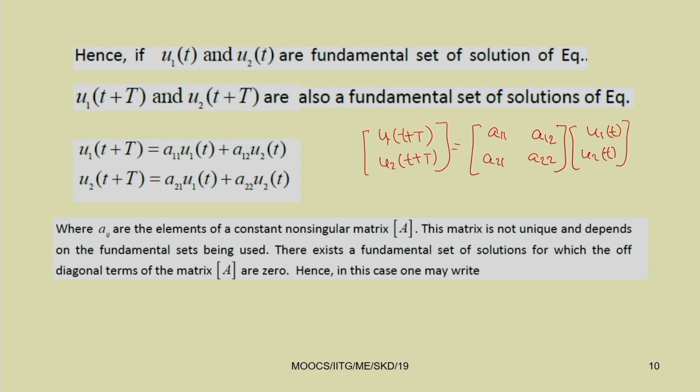Clearly, you just observe that this u1 and u2 are determined after one cycle. Starting from t, for example t equal to 0, we can find what is the response after one cycle.